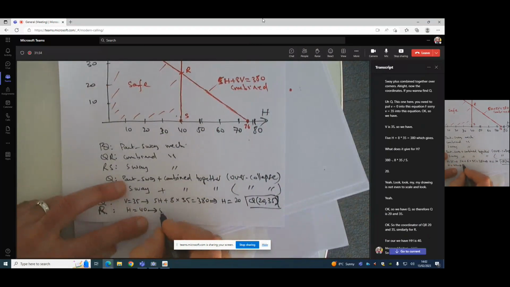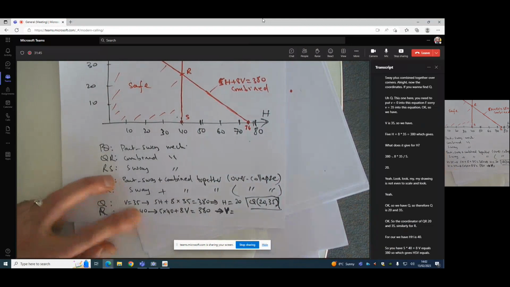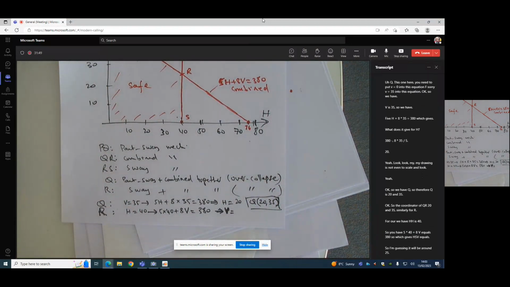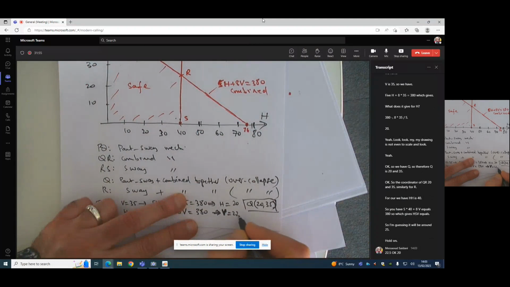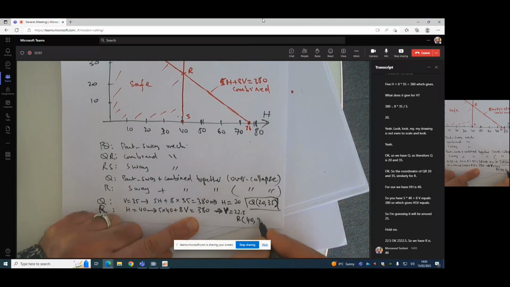So you have 5 times 40 plus 8V equals 380. So which gives V equals, so I'm guessing it will be around 25. Around 22.5. Okay, so we have R is 40 and 22.5.